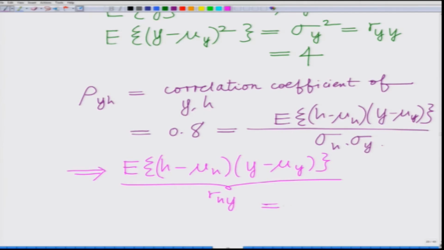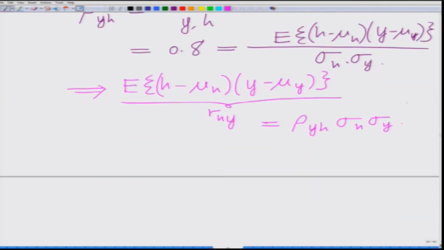You can see this is nothing but rho y h times sigma h times sigma y. This rho of y h is given as 0.8, sigma h square equals 1, which means sigma h equals 1, and sigma y equals 2.